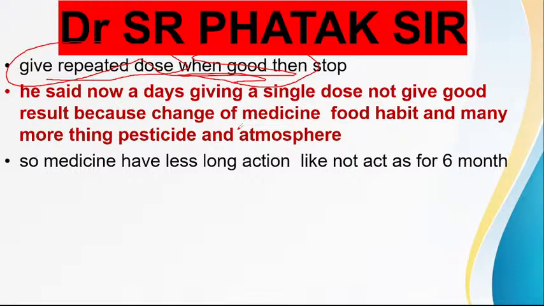Basically many things have become resistant in homeopathy and make the body develop some type of resistance, so the action of the medicine cannot go even for 6 months. They basically exhaust in 1 or 2 months in most cases. Exception is always there, it can be exhausted in 1 week also, it can go for years also, but mostly the exhaustion is approximately 1 or 2 months. So Dr. S.R. Phatak sir has basically given the reason for this point.